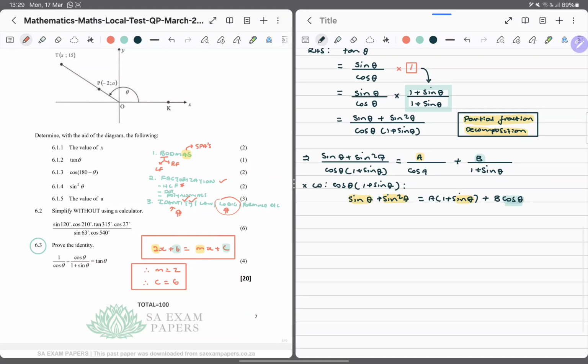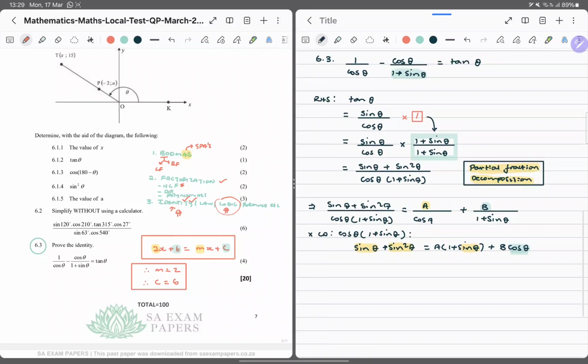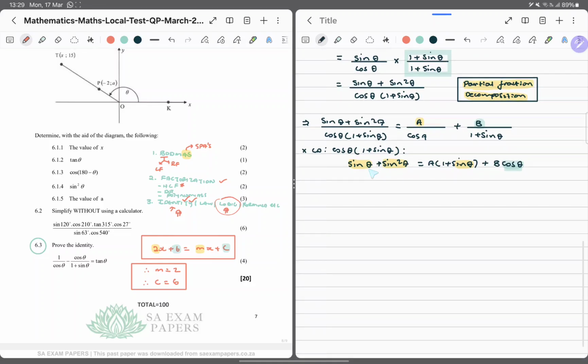So again, this could be another stumbling block for many students, this position right here. They wouldn't know what to do if they didn't know this idea. So let's see. Now, we have a situation here. There are no squares on the right hand side, but there are squares on the left hand side. So we need to sort this out. So this is sine theta plus.